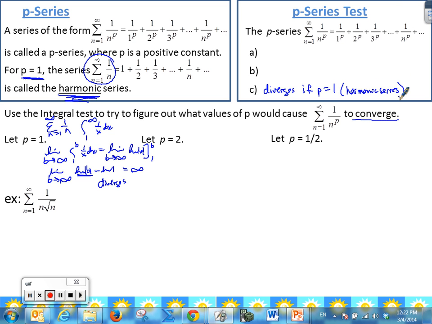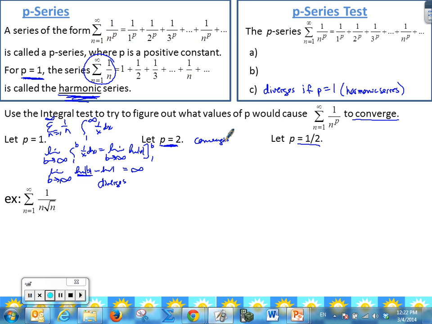Now, just to save some time, I'm hoping you can see how that procedure works. I'm not going to do the integral test for these two, but you could, to develop the pattern. We're just going to cut to where the other places are. At 2, if you do the integral test, you will see that the integral converges.